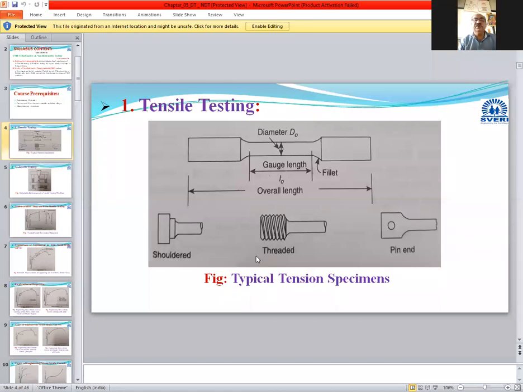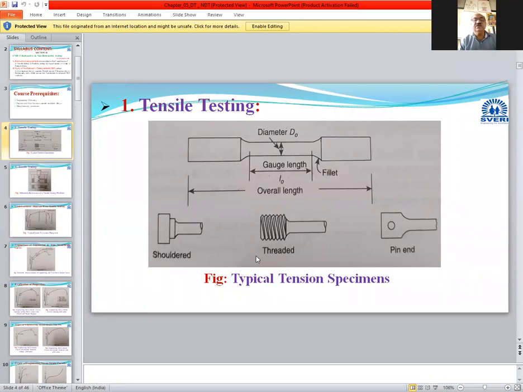Initially you have to decide the gauge diameter and calculate the cross-section area of the gauge diameter. After that, by using the Indian standard formula, 5.65 root of A, where A is the cross-section area of the gauge diameter, you will get the required gauge length.